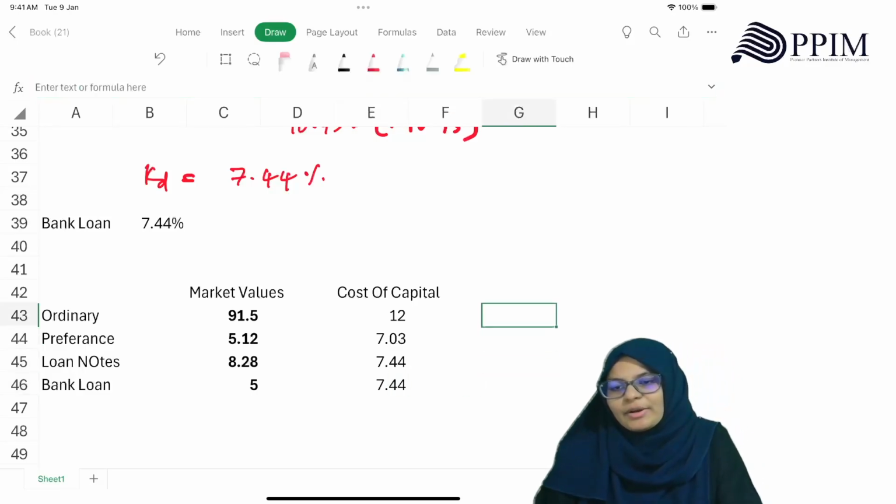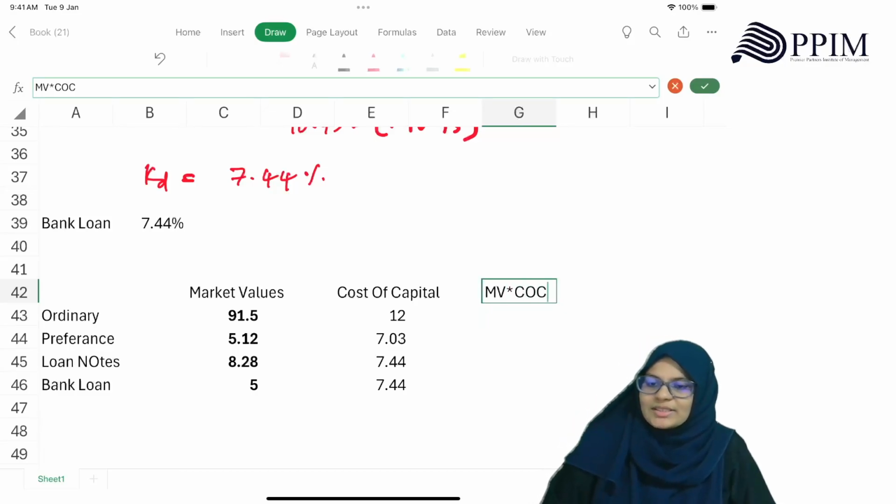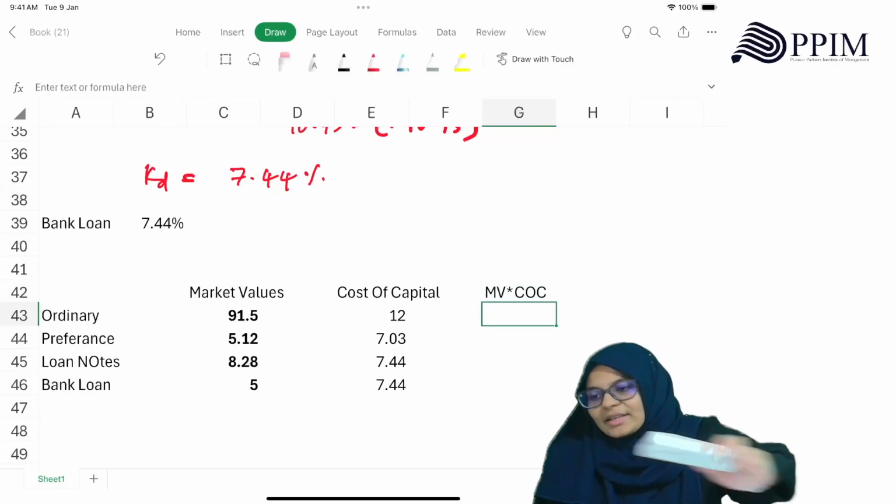Okay. So now what you have to do, you have to take the market value and multiply it with the cost of capital. Okay. So this is the normal table. I'll give you a minute. See if you can complete it.